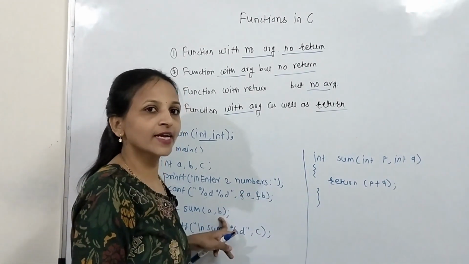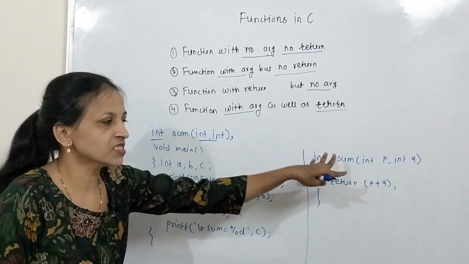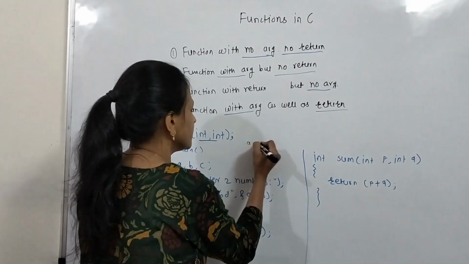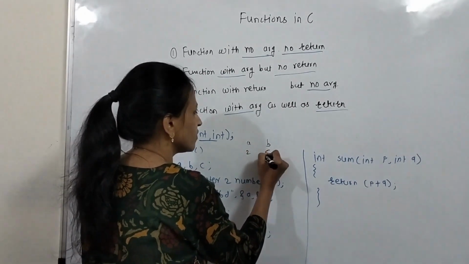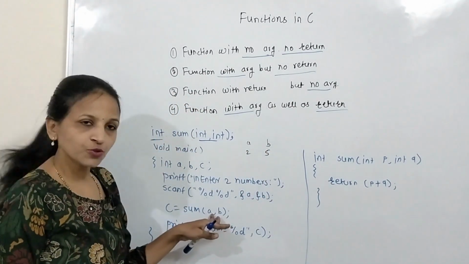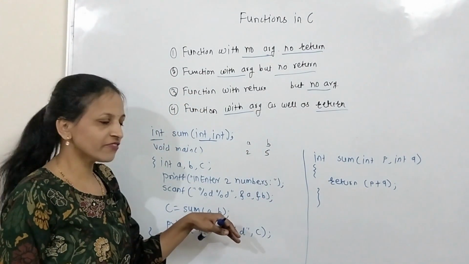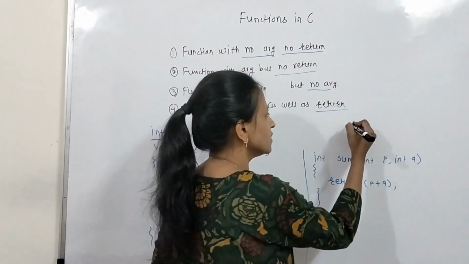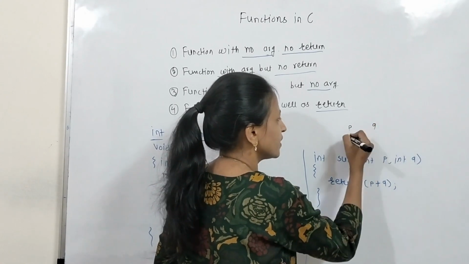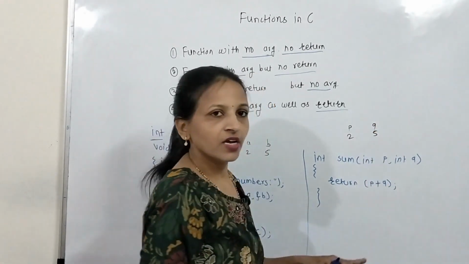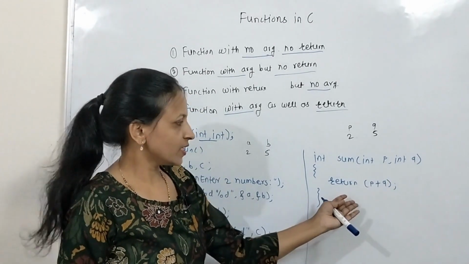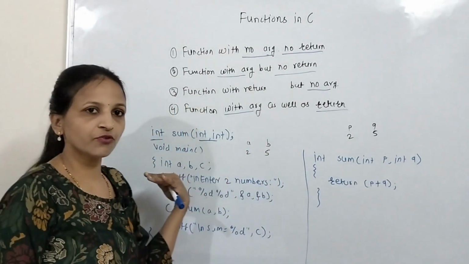Suppose the user enters 2 and 5; the value of a is 2 and the value of b is 5. That 2 and 5 will get passed here and copied inside the formal arguments, and then 2 plus 5 will get calculated, and that result will get returned from that function.